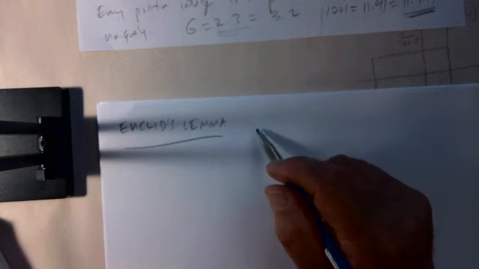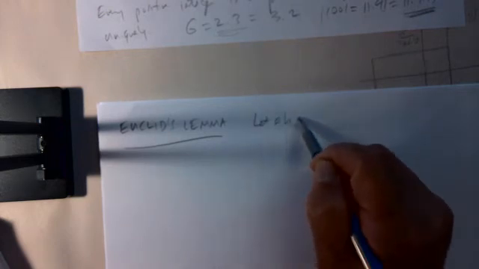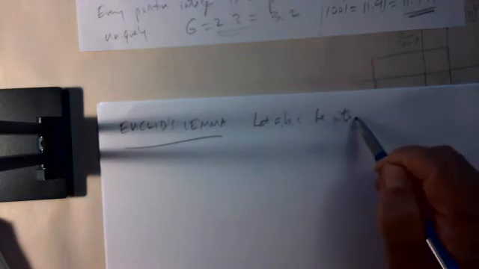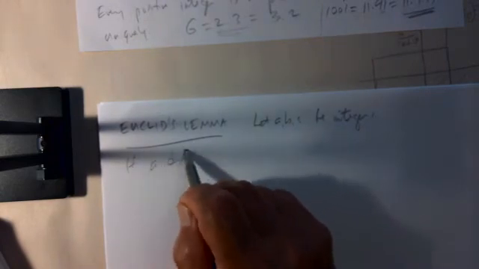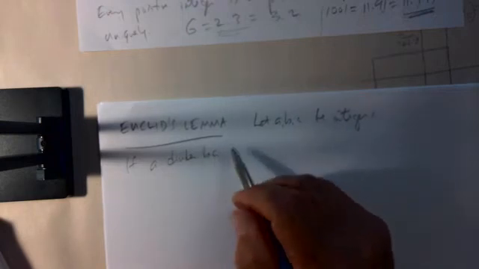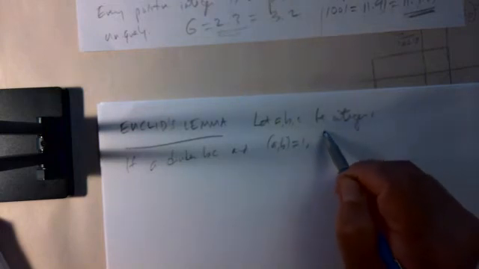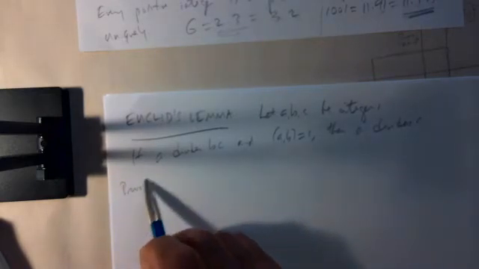So Euclid's lemma says the following: let A, B, and C be integers. If A divides the product B times C, and if the greatest common divisor of A and B is 1, then A divides C. So let's write a proof of this.